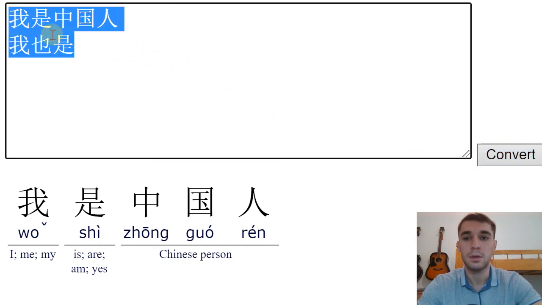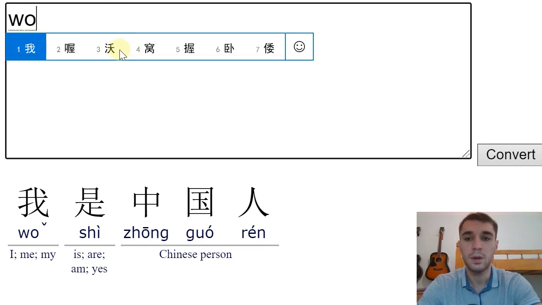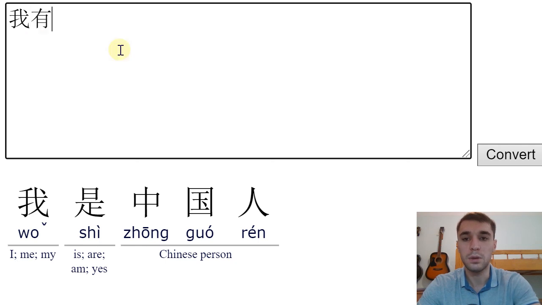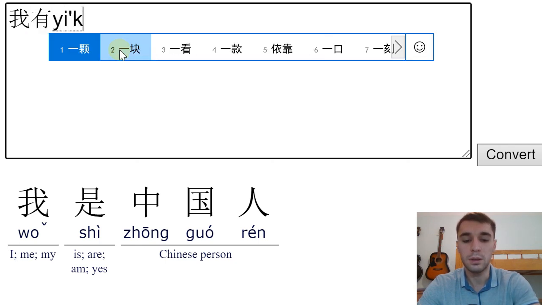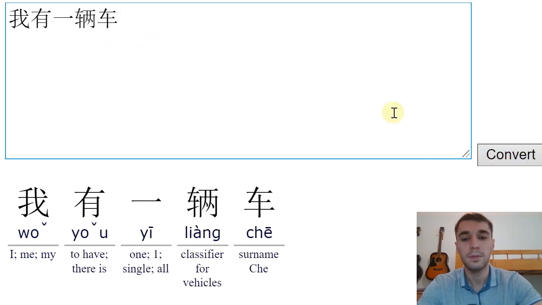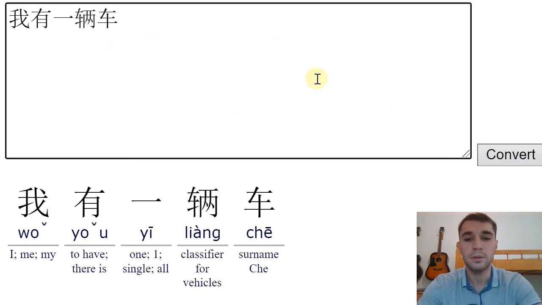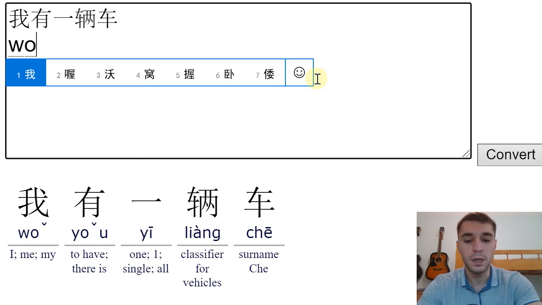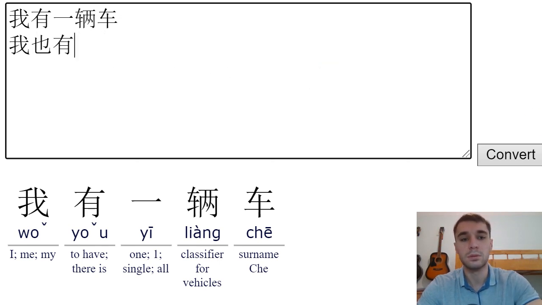Now, how to say, I have a car. 我有一辆车. So, me too. I also have a car. 我也有.